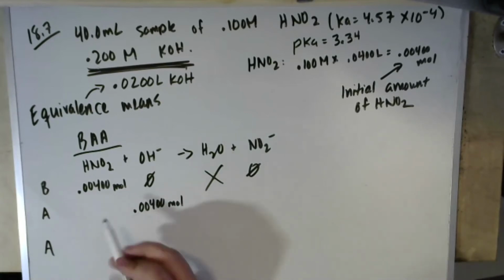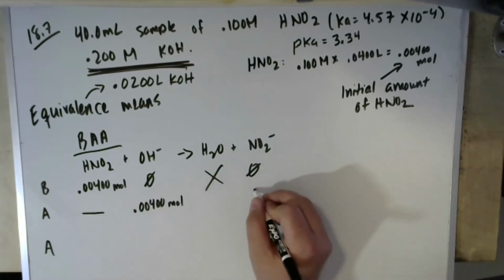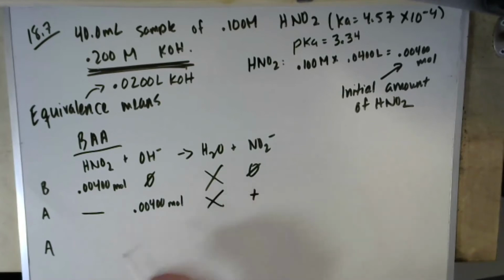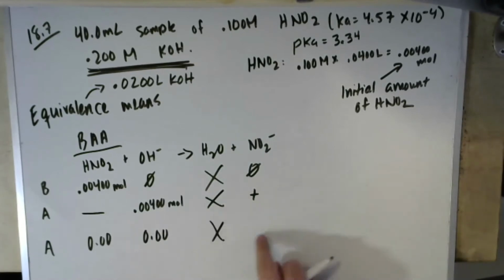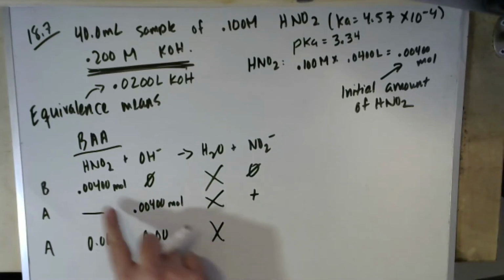That means that after the reaction happens, I'm going to have exactly no HNO2 left over, and I'm going to have no OH minus left over. The only thing I'm going to have left is going to be the conjugate base that was produced while these two things were reacting.